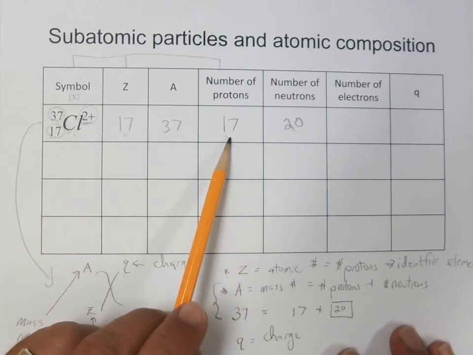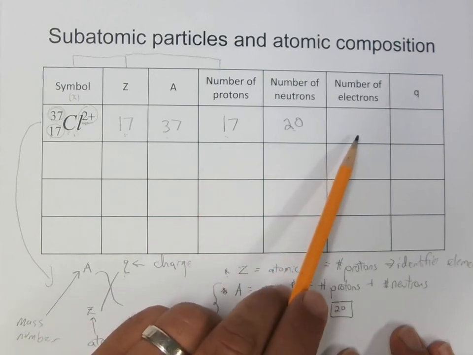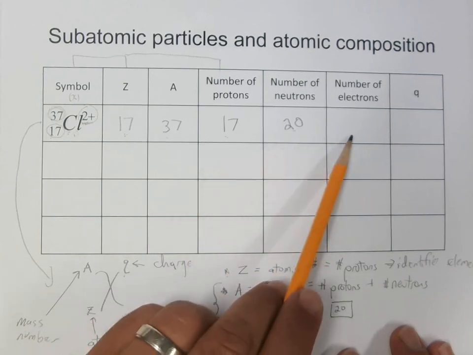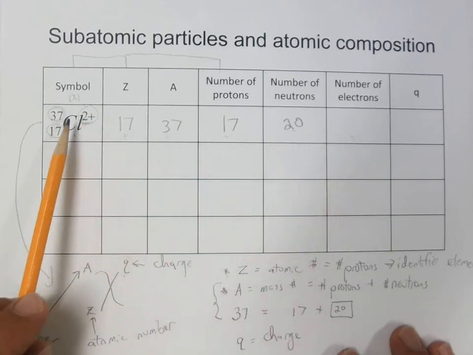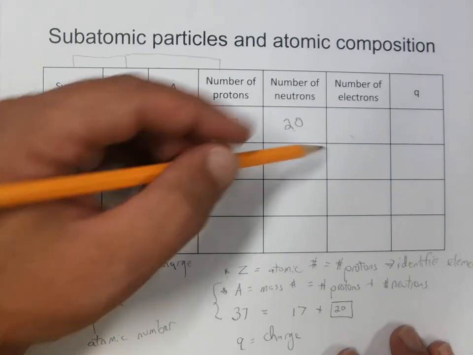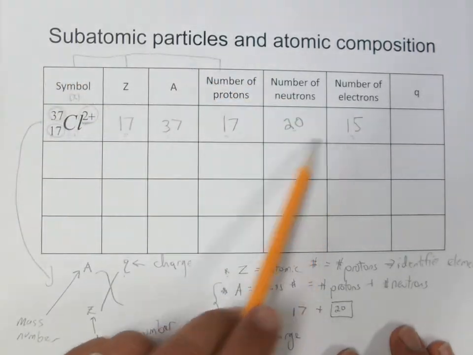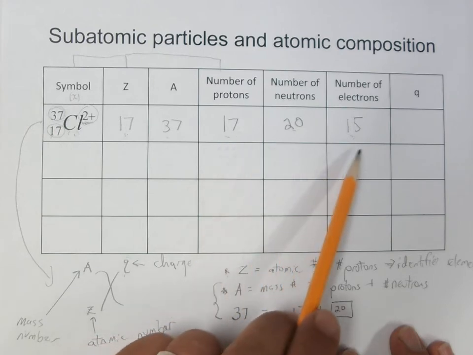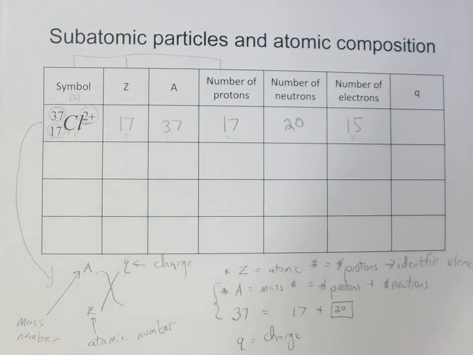Now if it were neutral, chlorine would have 17 electrons, so the number of electrons and number of protons would be equal. If this was a chlorine atom, 17 electrons. In order to get a +2 charge, it lost 2 electrons, so now it has 2 more positive charges than negative charges, hence the 2+. So the physics and understanding what's going on here is really important.